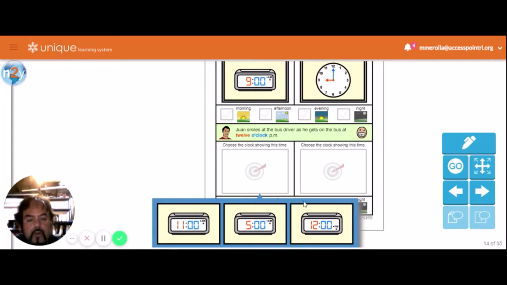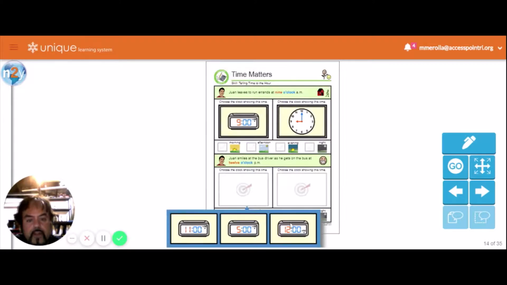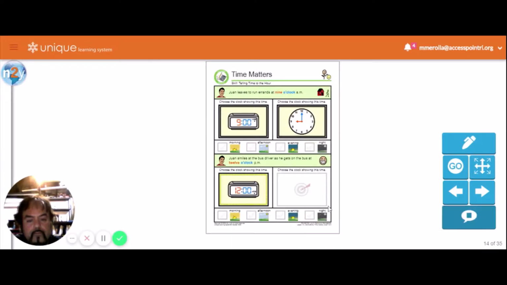Is it this one? If you chose this one, you are correct. For some reason, it did not register. Let's try that again. 12 o'clock p.m. Alright, that was correct.